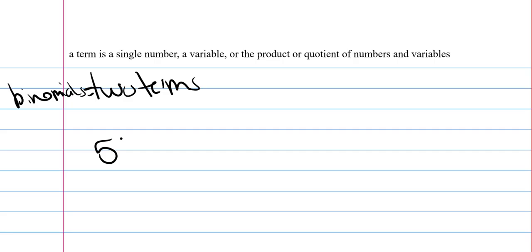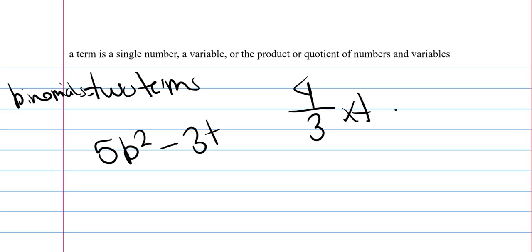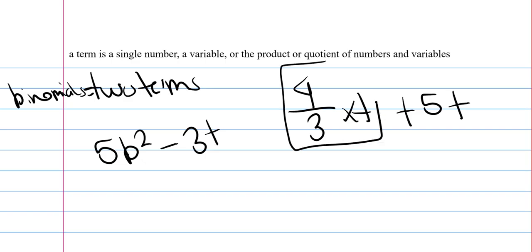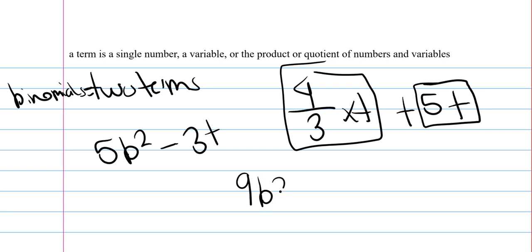So it can be 5b squared minus 3t, or 4 over 3xt plus 5t. This is one term, and this is another term. Another example would be 9b squared plus 7q. That's the important thing you need to understand about binomials.